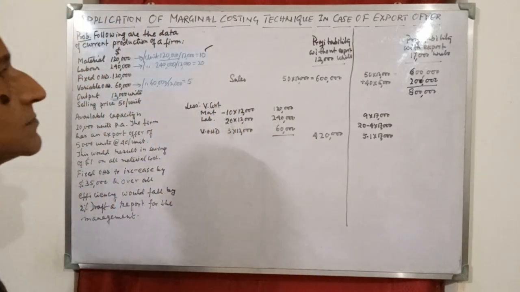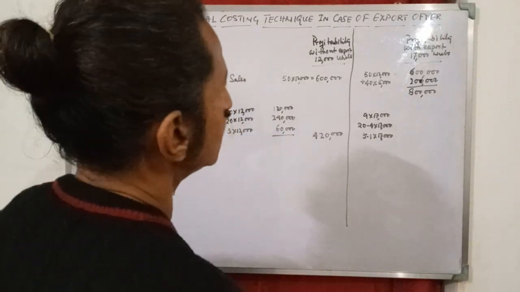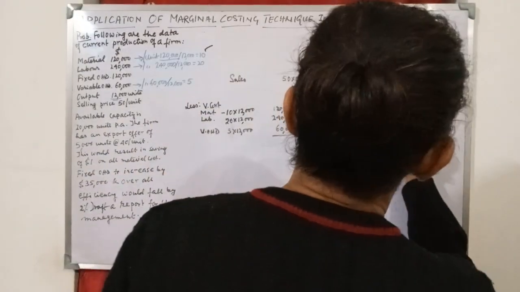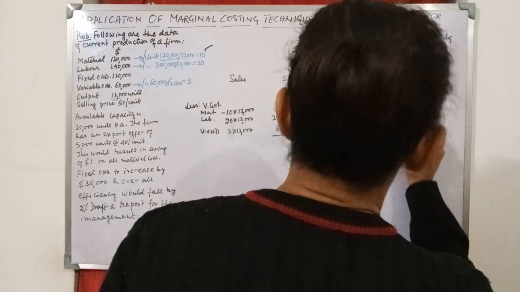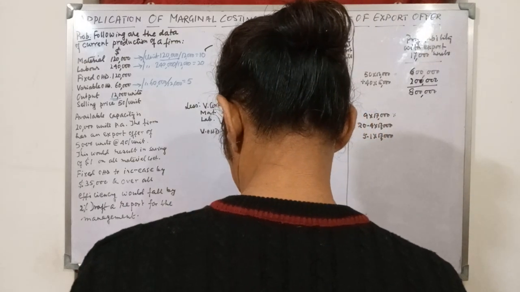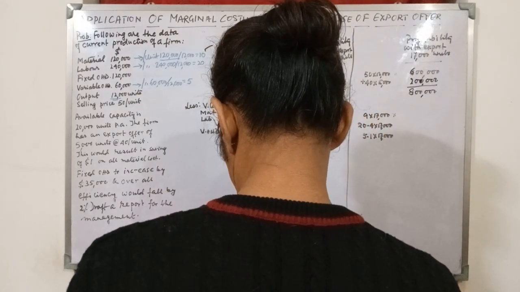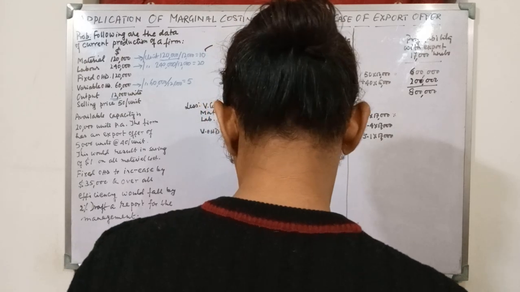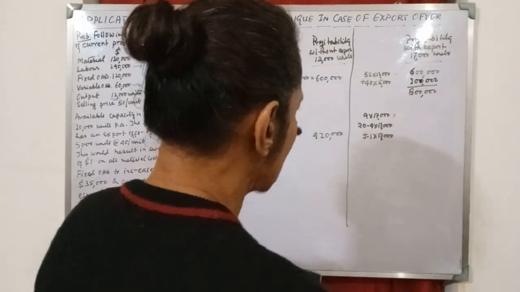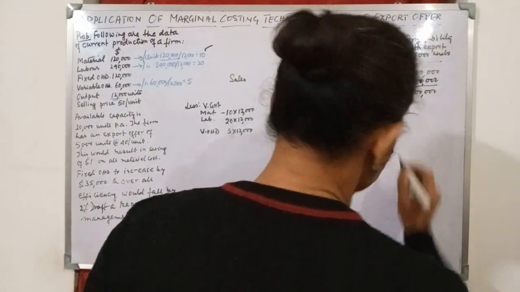Correct? And here 9 into 17,000, $153,000. This is one.